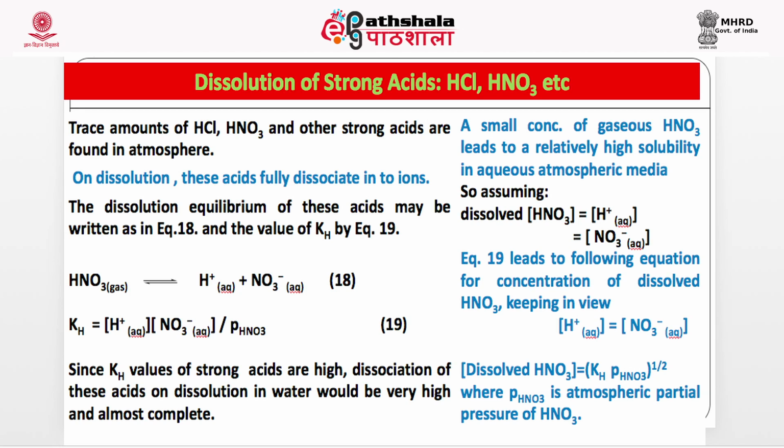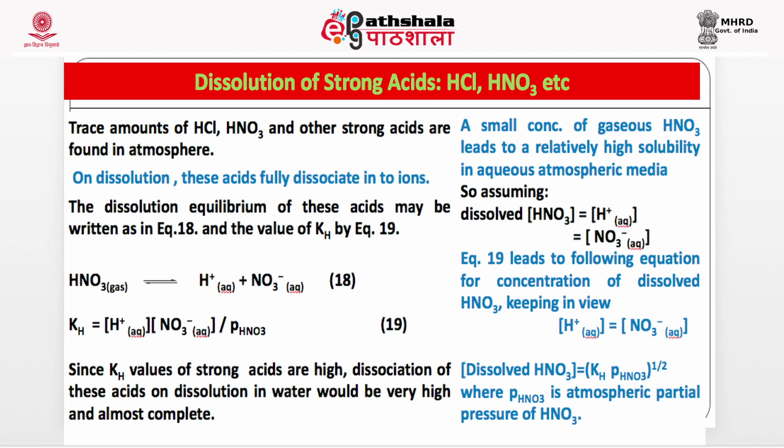So, since the whole of HNO3 has dissociated, whatever HNO3 was present in the gas phase is now converted to hydrogen ion and nitrate ion. So, you can say they are equal to this. And equation 19.